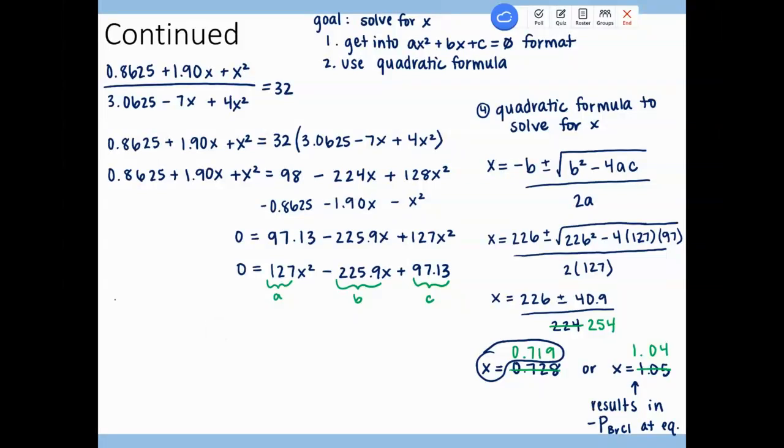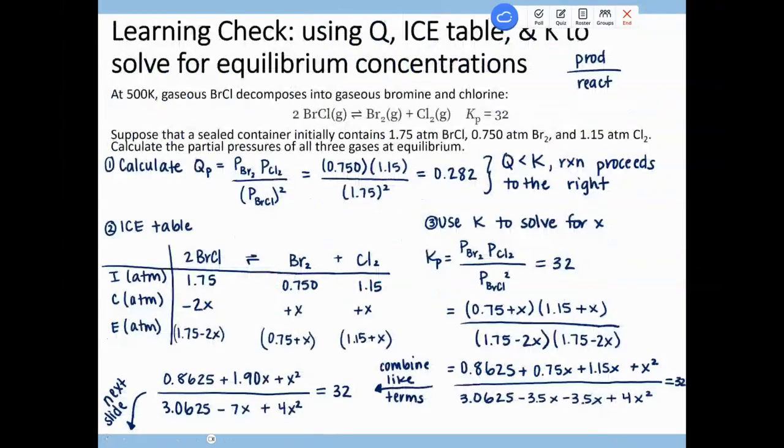So we're almost done with this question. We just need to do this final calculation to answer the question, which is, what's the partial pressure of each component at equilibrium? For BrCl, going back to the ICE table, equilibrium partial pressure is equal to 1.75 minus 2x. So now we know the x value, we're just plugging that into that expression.